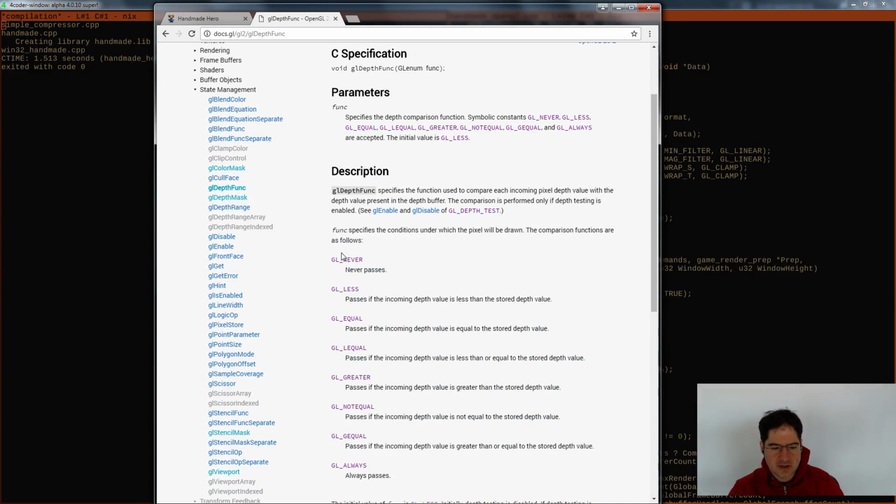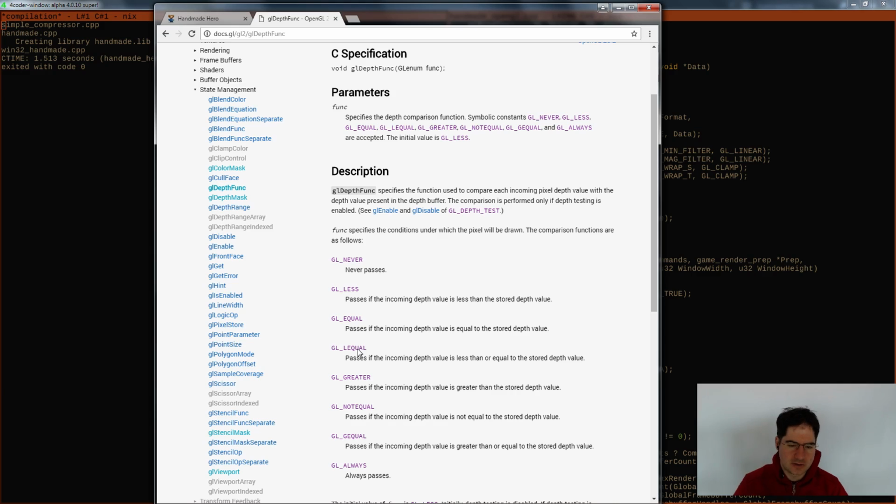Same set of options here. We can have it so that it never passes. We can say that it's got to be less than whatever the stored depth value is, right? And that's what we want in this case. If we wanted to draw things in order, however, what we really want is less than or equal to, right? We want to be able to say, hey, if the thing coming in happens to be the same as what was already there, draw it.